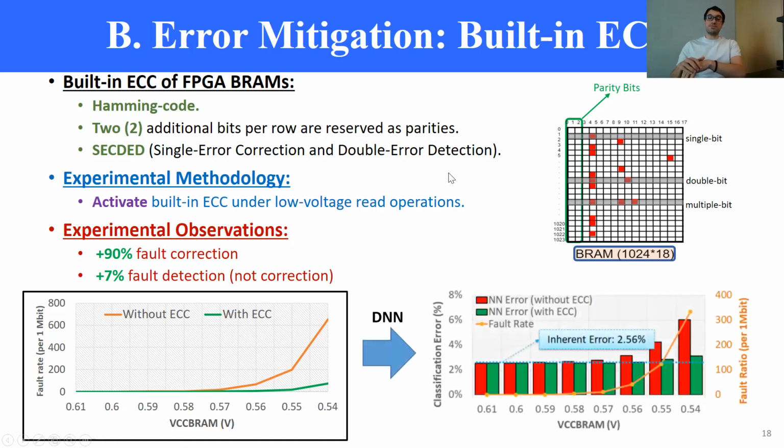So we have applied it for DNNs, which I already showed the methodology for, and as expected, the classification error of the neural network is reduced significantly to almost zero, or a negligible error rate, just by enabling ECC.